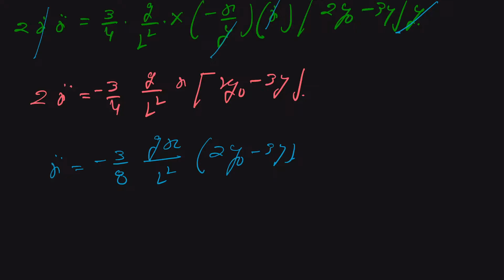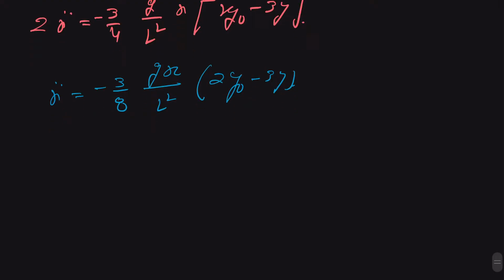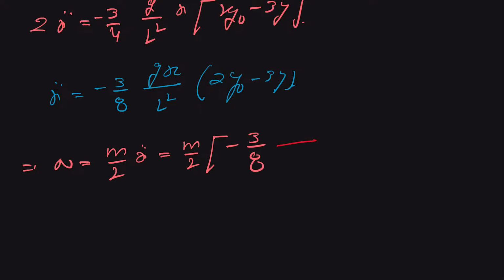And now we can find out the normal force, that is our N is equal to m by 2 x double dot, which comes as our m by 2, this is minus 3 by 8 g x upon L square, twice y naught minus 3 times y.